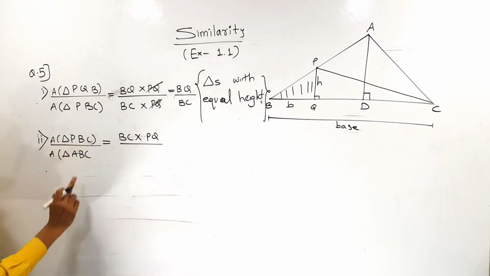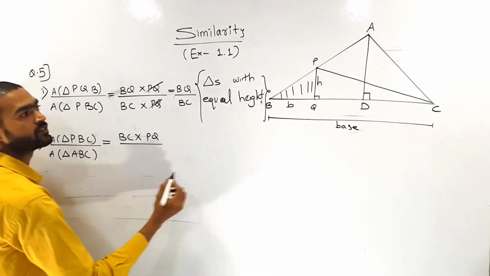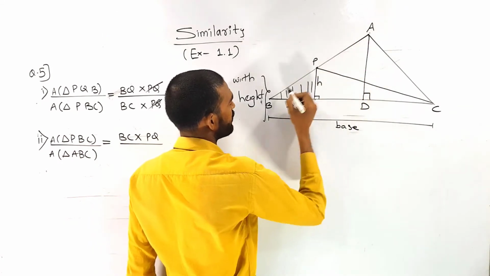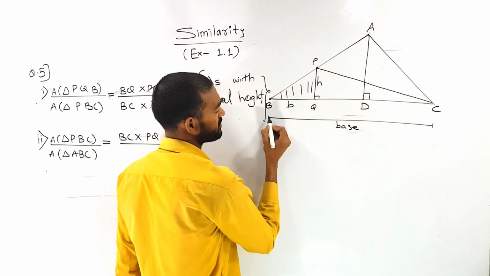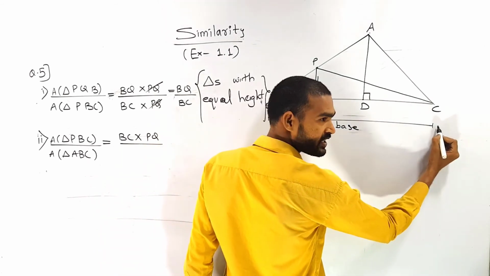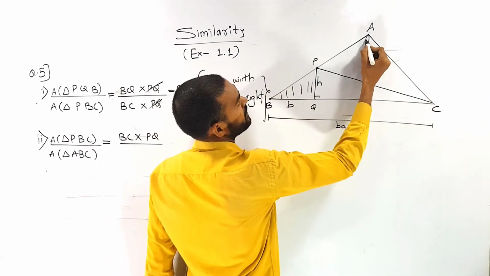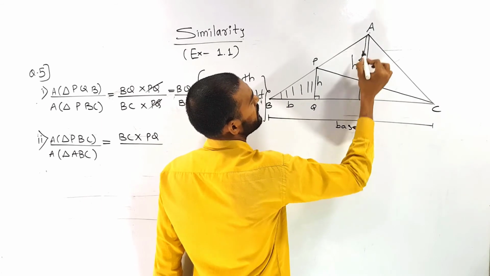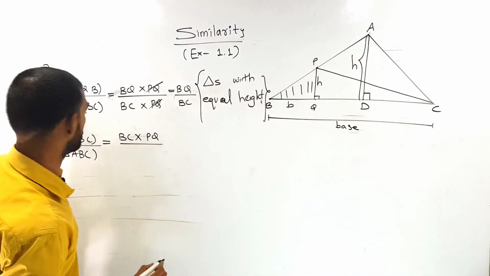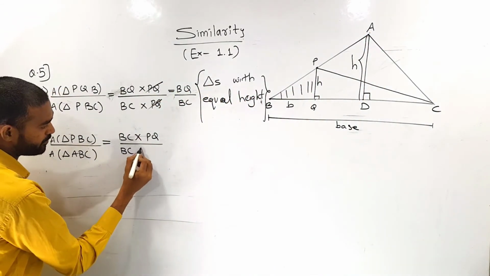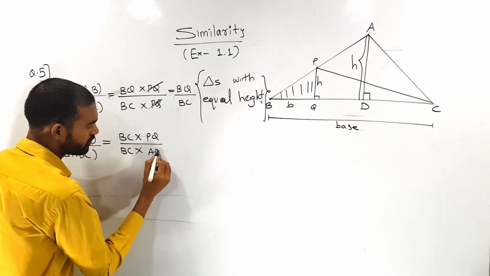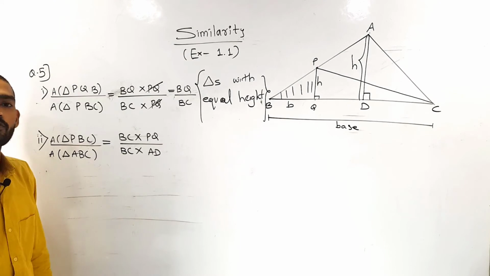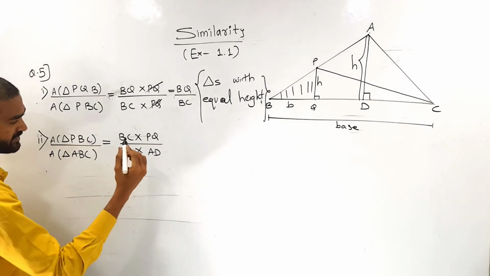Let us see another triangle, ABC, the largest triangle. What is the base? Here the base is BC. And what is the height? Height is this one, AD will be my height. So here we'll write base BC into height AD. What is common here, students? Yes.